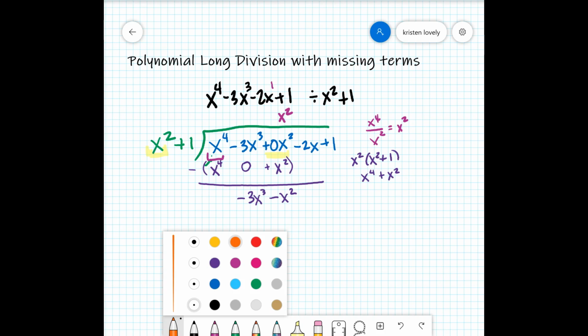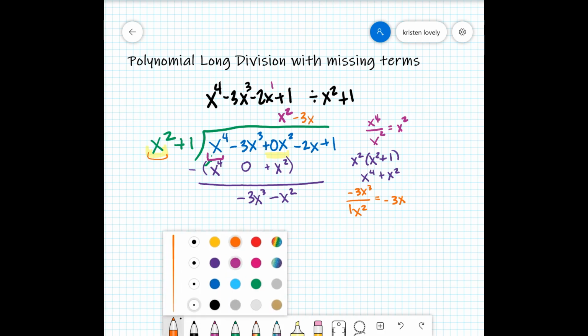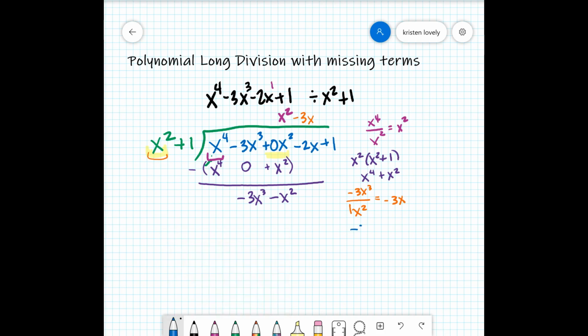So let's pick orange. I'm going to ask myself how many times does x squared divide into negative 3x cubed. Negative 3 divided by 1 is negative 3. X cubed divided by x squared is x, or x to the first power. So I'm going to write that up top, negative 3x, and continue to do my multiplication.